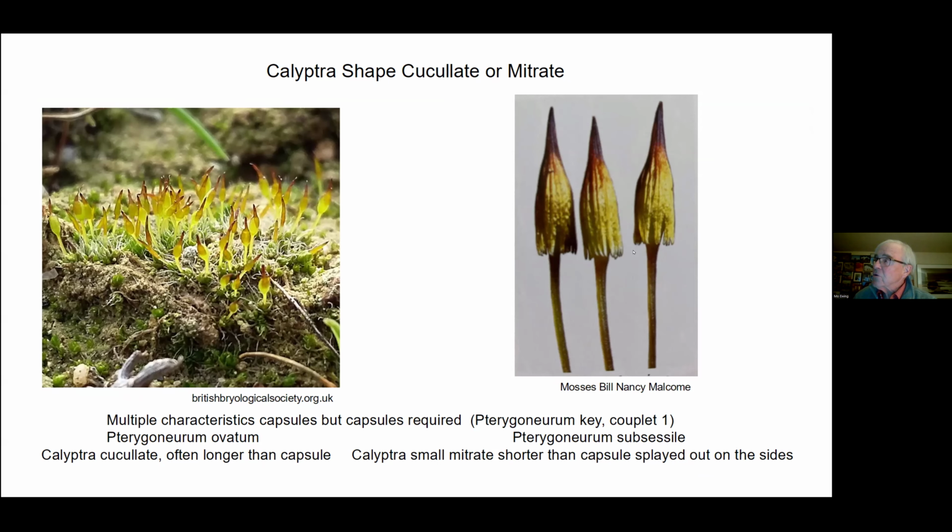And mitrate is described as being like a bishop's mitre, where you have slits up the side and little square things around here. But in this species, the calyptra is shorter than the capsule, so it would sit up in here, and then the bottom of the mitre is splayed out on the sides. I would have loved to have gotten a photograph of that, but I couldn't. But you can see the difference between the mitres and the spoon-shaped guys.